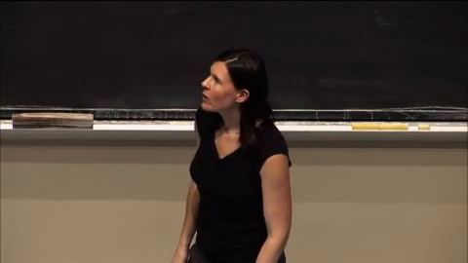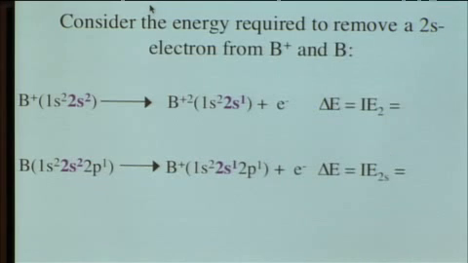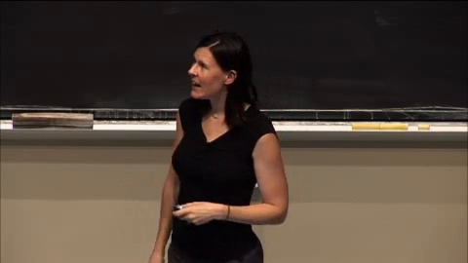So in the case of B+, what we are starting with is the ion. So we're starting with the 2s2 electrons, and then we're going to 2s1 here. And what we call the binding energy is negative E of 2s in B+. This is what we saw in the last slide.